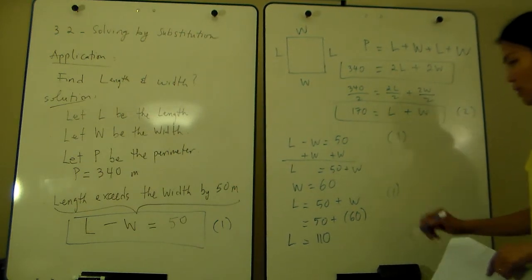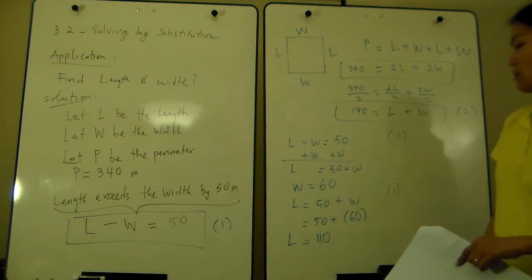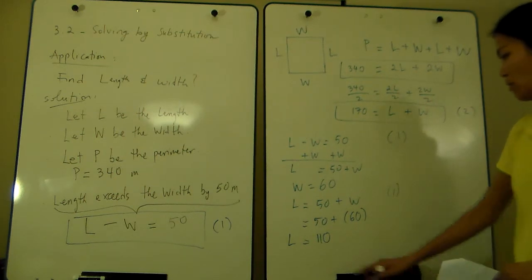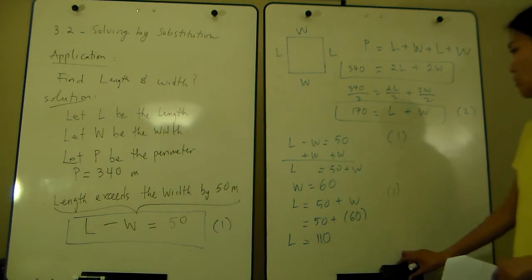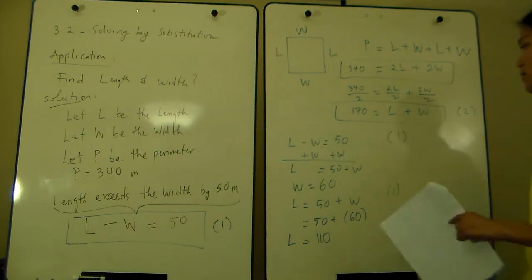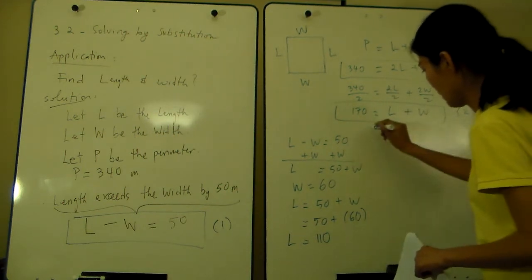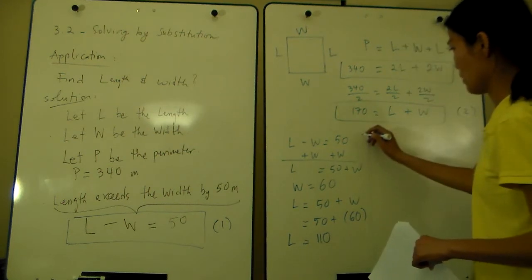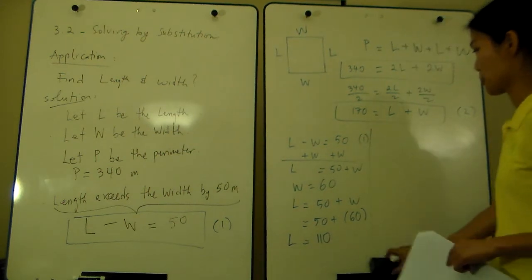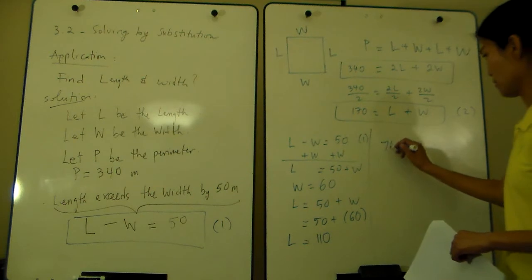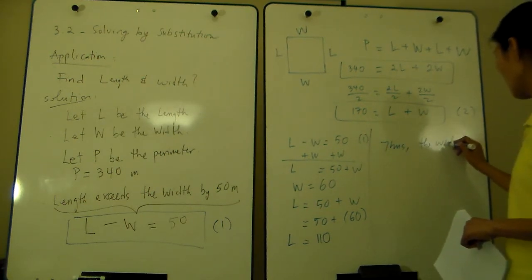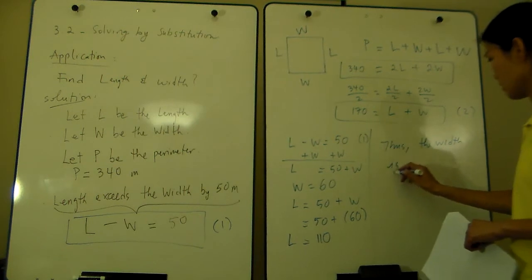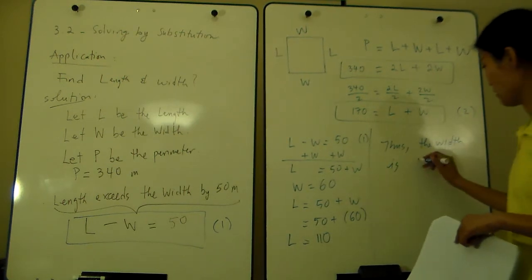Now I would like you to write a statement and explain what it means for L and what it means for W. I would like you to write: thus, the width, which is W, is 60.